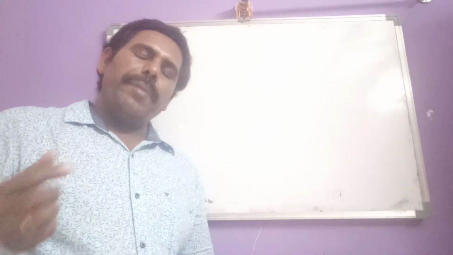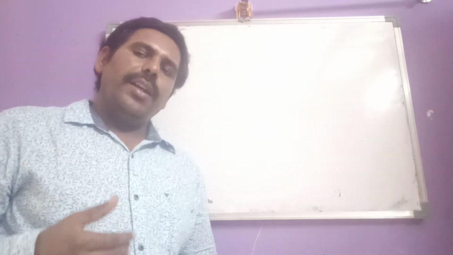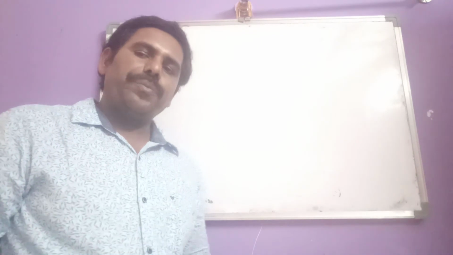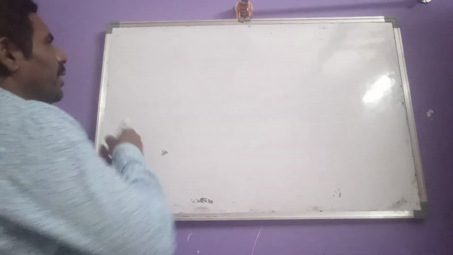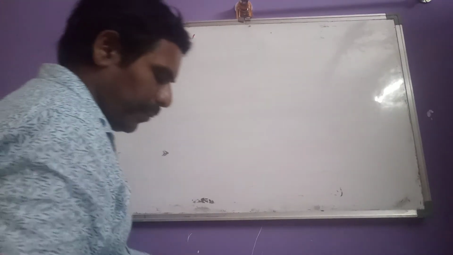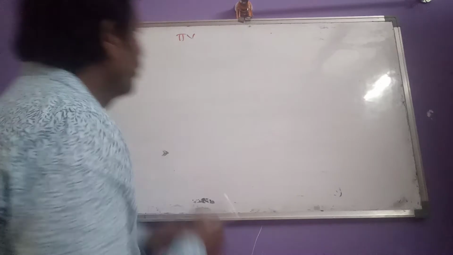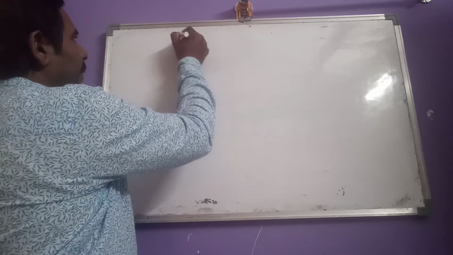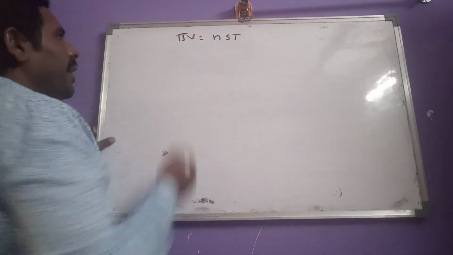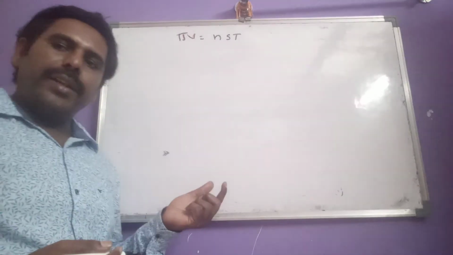So you have to remember the formulas. From any one formula we get a problem. So see here, what is the first formula? The first formula is pi V equals to nST. Related to that, we may get one question.